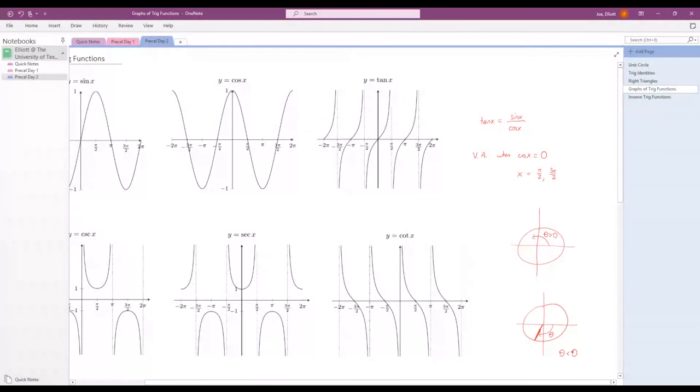Okay. So in that sense, we're able to allow for negative angles, and that's why we have negative values appearing in the domain of each of these trig functions.